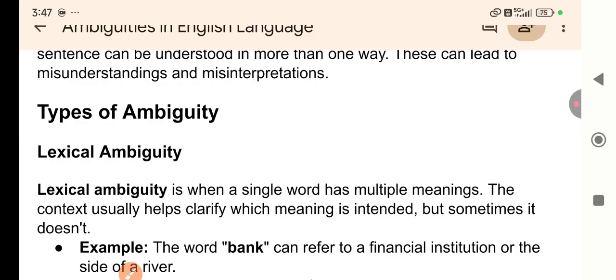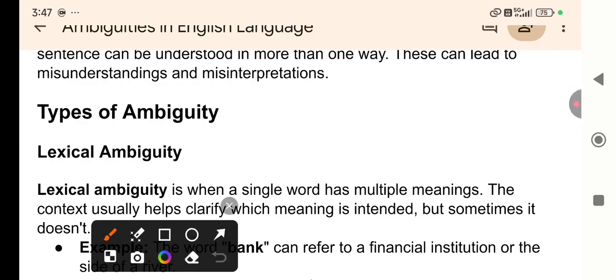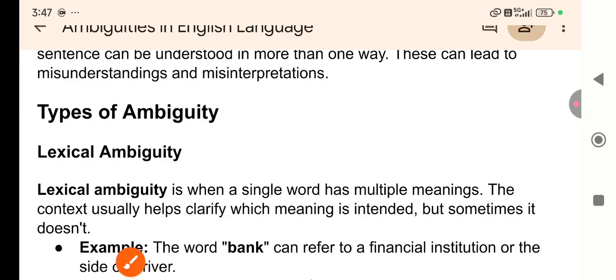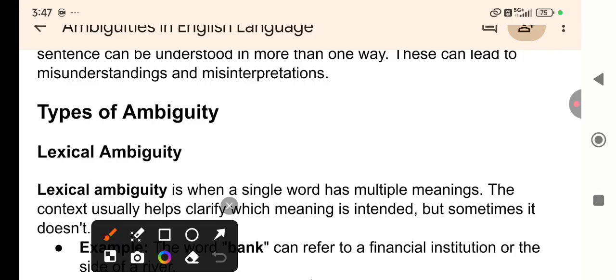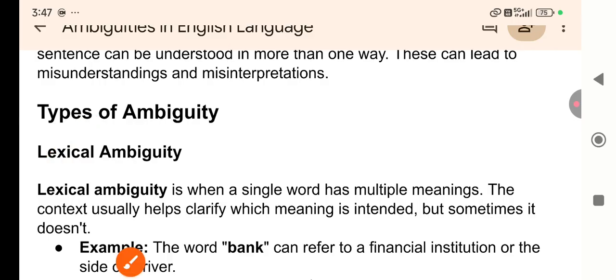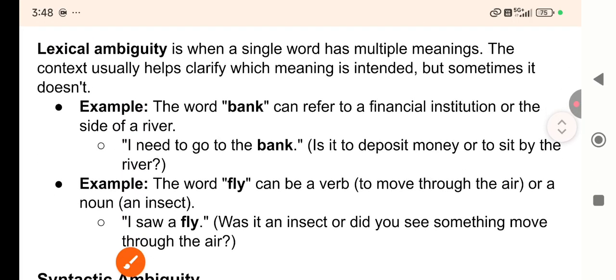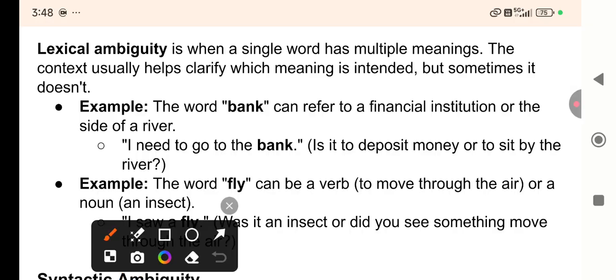Now, types of ambiguity. Types of ambiguity are based on words and on structure. On this basis, ambiguity is divided into different categories, and the first type is called lexical ambiguity. What is lexical ambiguity? Lexical ambiguity is when a single word has multiple meanings.